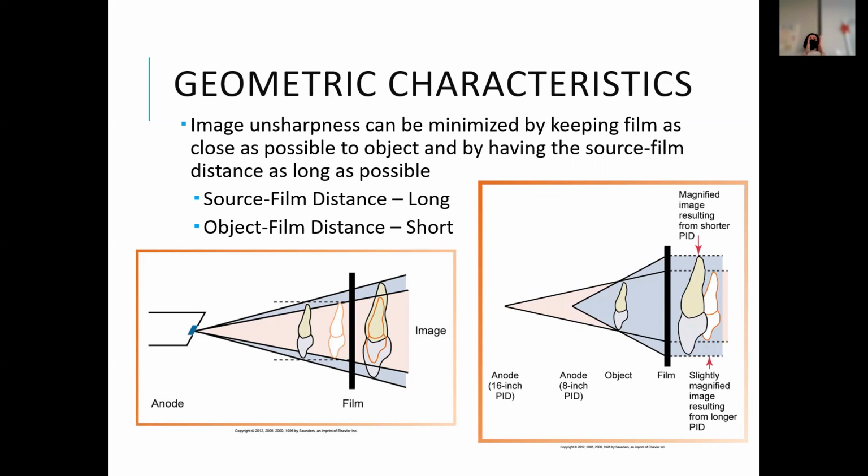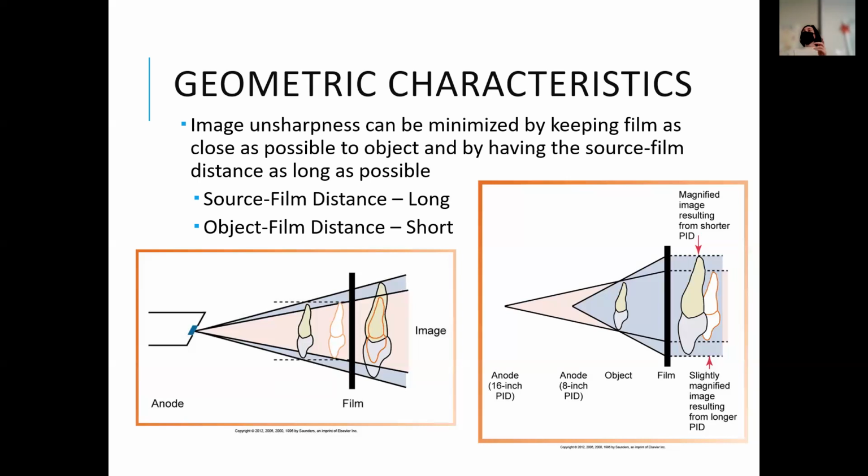Maybe we have to put the XCP and the bite block closer to the midline, and so there's more space between the sensor and the tooth. We'd like it to be closer, but something's got to give. If you go for parallel, you might lose a little sharpness. If you go for closeness, you might end up with more foreshortening or elongation or some other distortion. So it just is the way it works out.